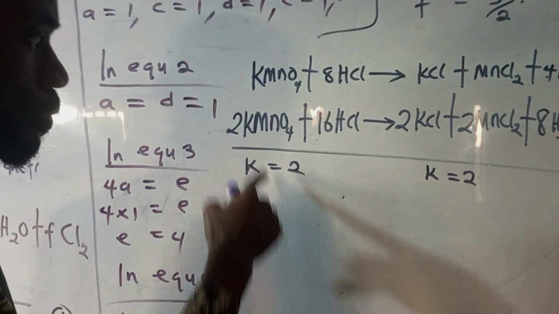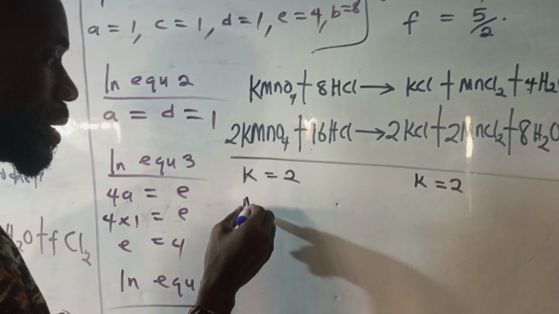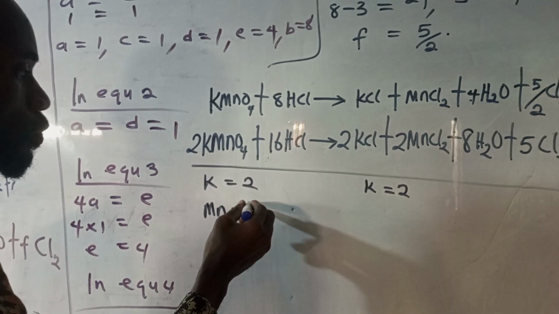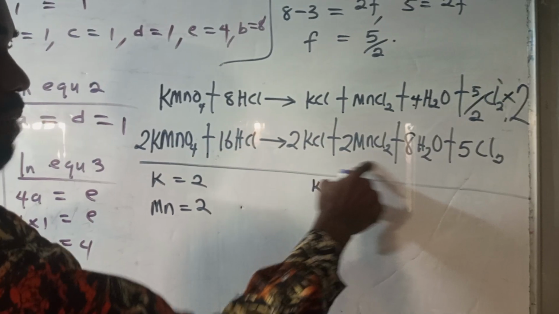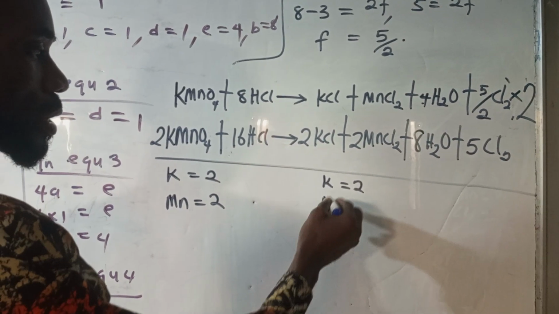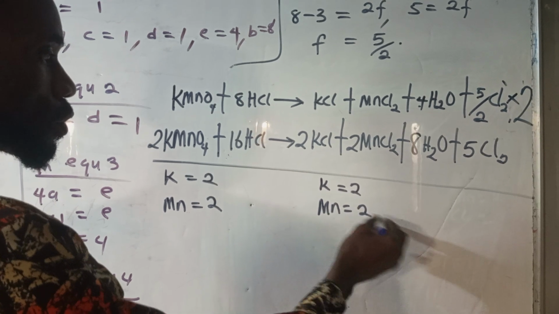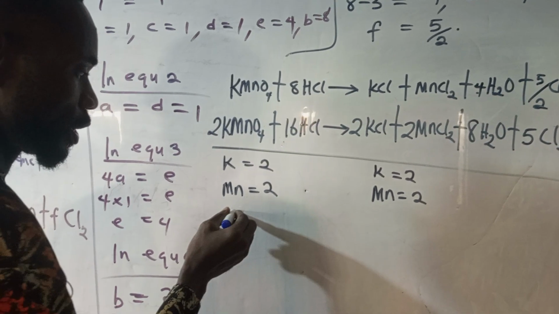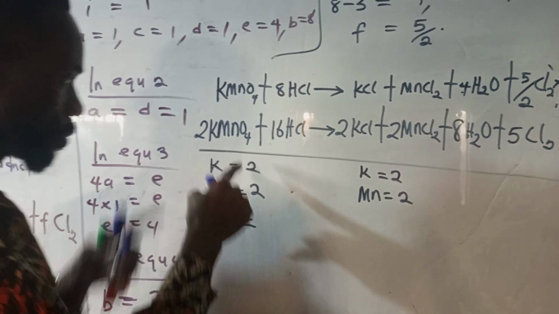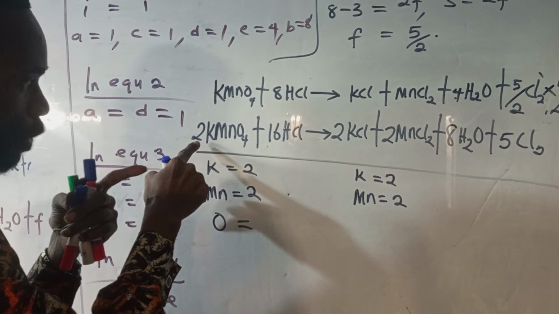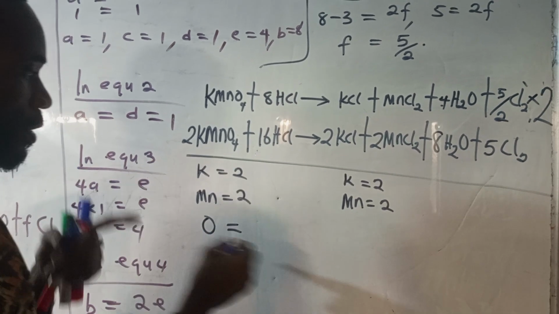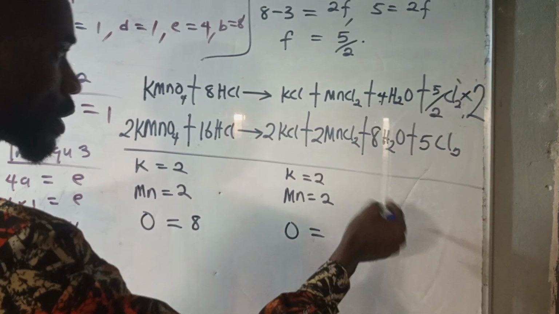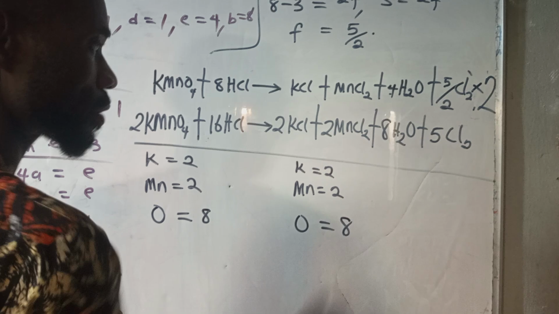Manganese on the reactant side is also equal to 2, and on the product side is also equal to 2. The next, oxygen. Oxygen here is equal to 4 times 2, that is 8, while on the product side, we also have 8 oxygen.